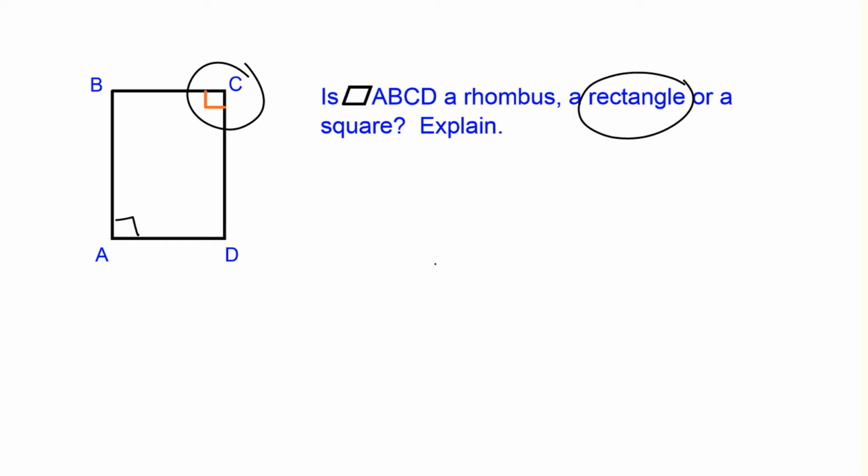So if angle A and C are both 90 degrees, that means that B and D are also 90 degrees because they are consecutive and they are supplementary. So by definition, we have a rectangle. And remember, the square is going to be a combination of both of them, but this does not fit the mold because it's not a rhombus. And a square is a rhombus just as a square is a rectangle. So by definition, this is a rectangle only.